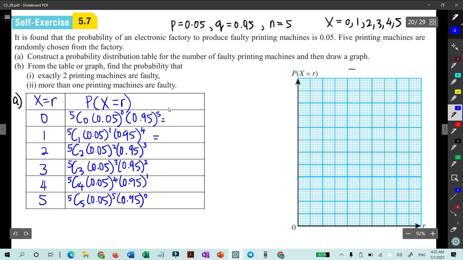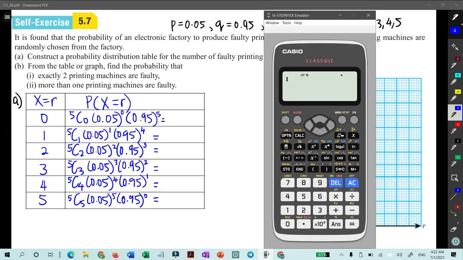And let's calculate the value of each of these using the calculator.